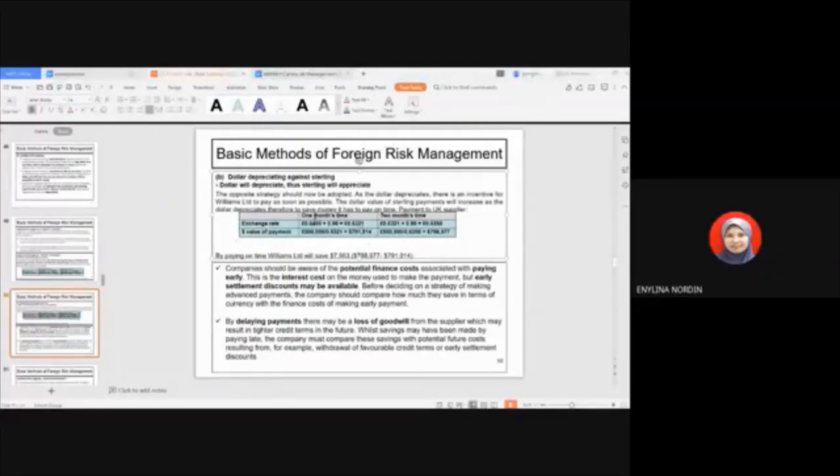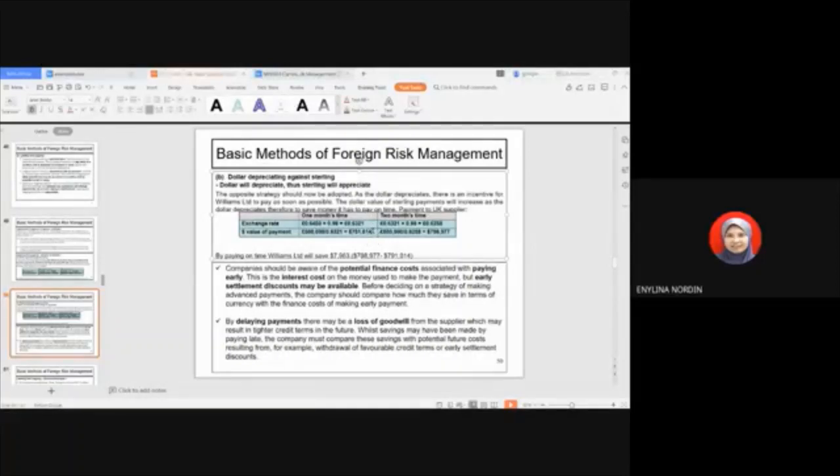So let's say the US company pays in 1 month's time, so the exchange rate will become 0.6321 pound per dollar. And then the amount of dollars to be converted into pounds will be 791,014 dollars.